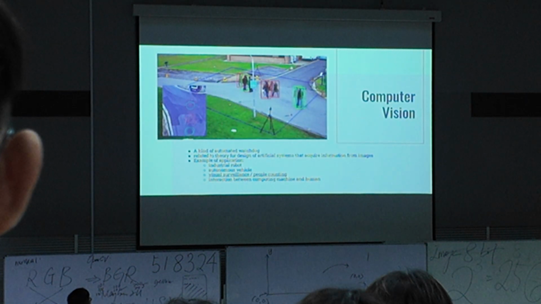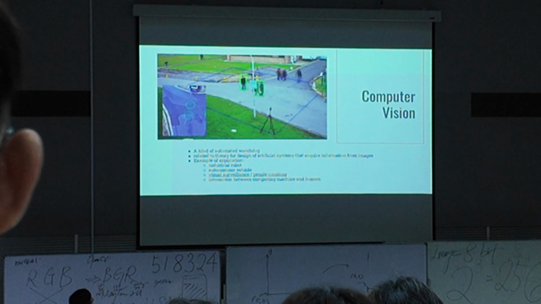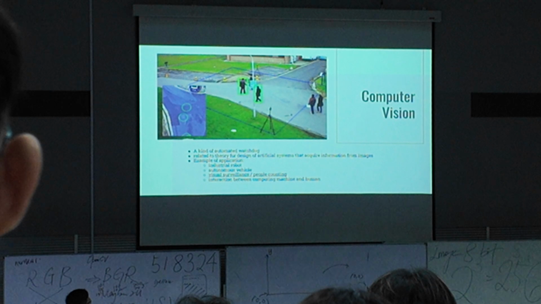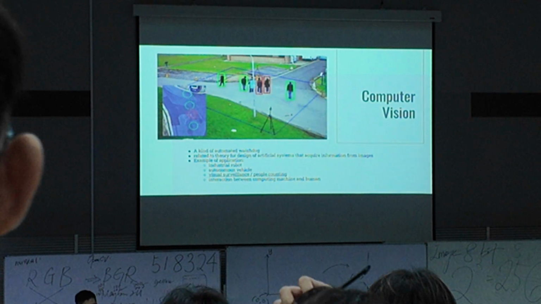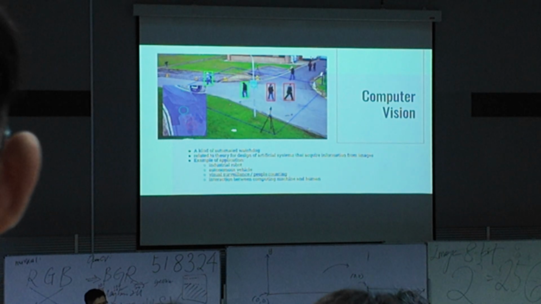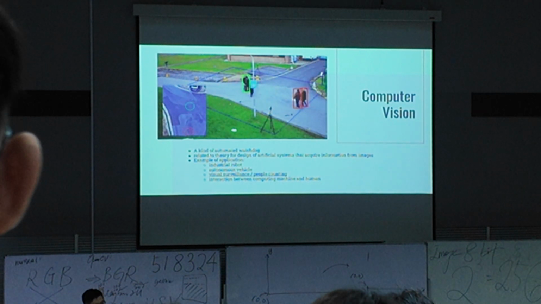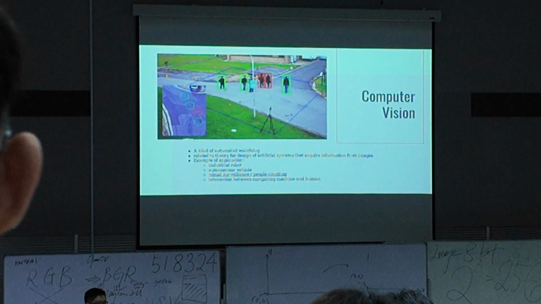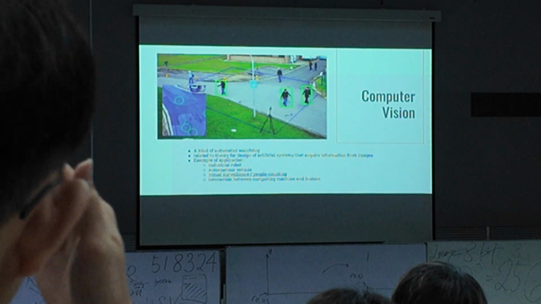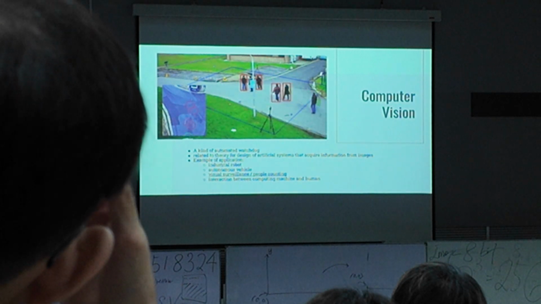Next one, automated watchdog. I wish to monitor the people here, maybe because I wish to know whether the space is large enough, and what people are actually doing there. Are they walking? Are they running? Are they fighting each other? So why do we want to do this? Because Malaysia is also doing this.